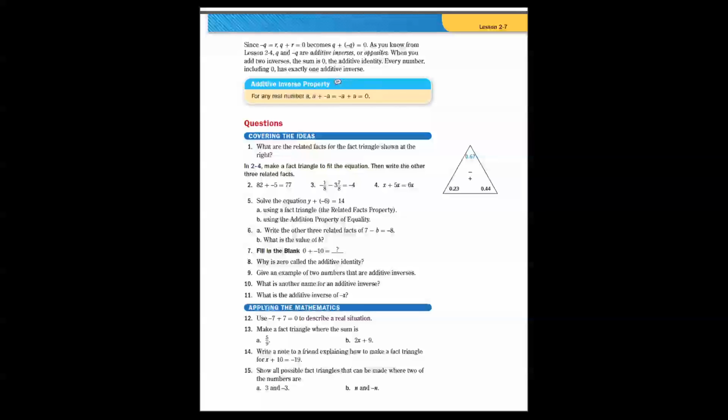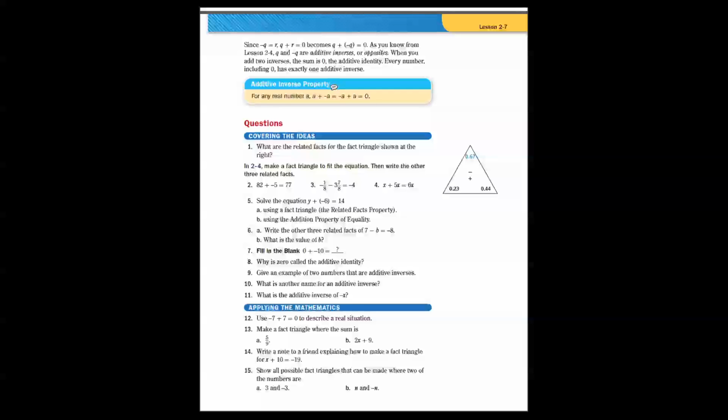I know I repeat this a lot, but rather than calling this negative a, call it the opposite of a, so you don't get confused if it turns out that a is a negative number. You want to remember the opposite of a.